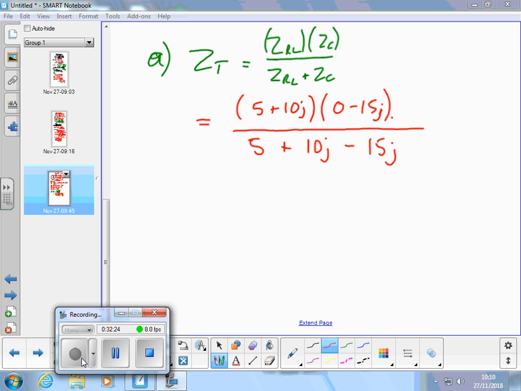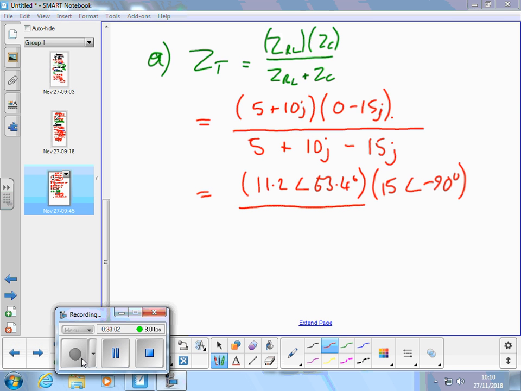So the way to tackle this, we want to multiply two complex numbers together as the numerator. If we convert them to polar form, what you should get is 11.2 angle 63.4 degrees for the 5 plus 10J, multiplying that by 15 angle minus 90 degrees. You know it's minus 90 because that's a capacitor.